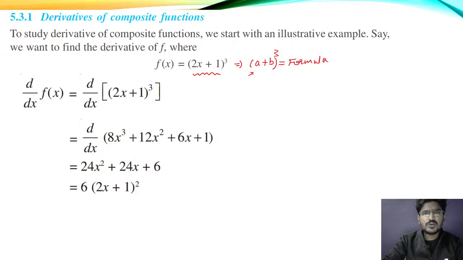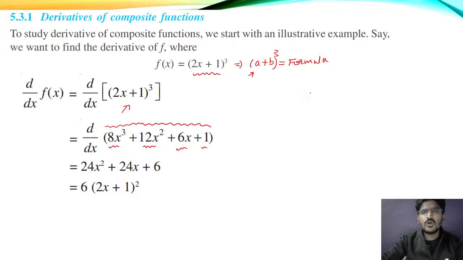By using this formula, it is going to be 8x cube plus 12x square plus 6x plus 1. Clear? Now we have to differentiate this complete term.